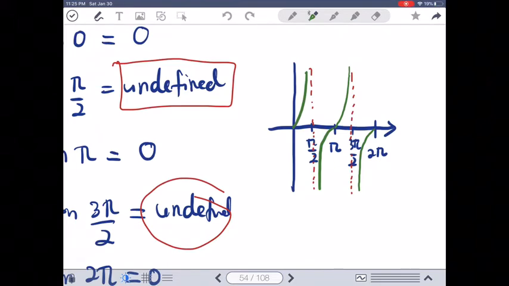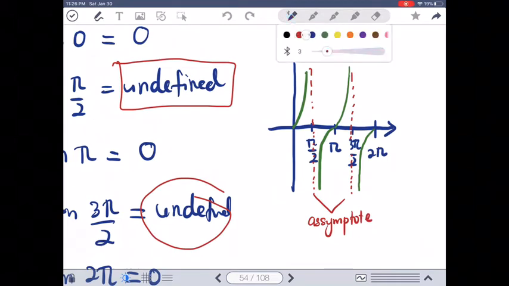It will never touch the dotted lines, but it will go close to them. The dotted line is known as the asymptote. So, y and x.